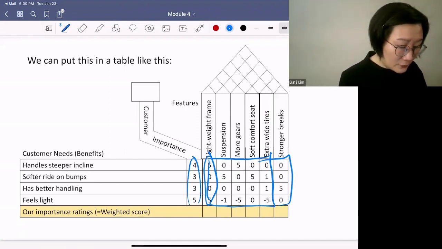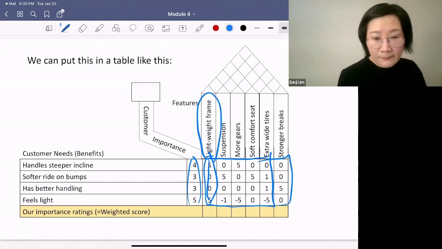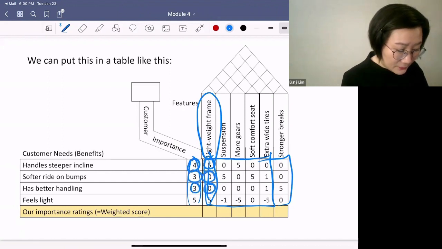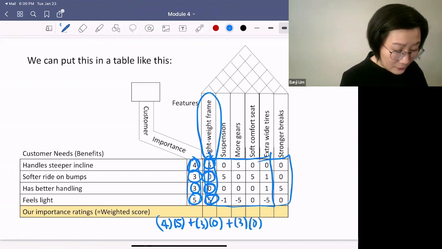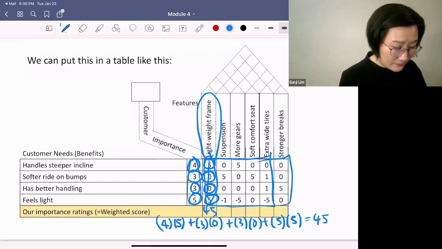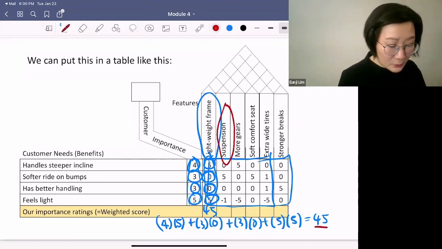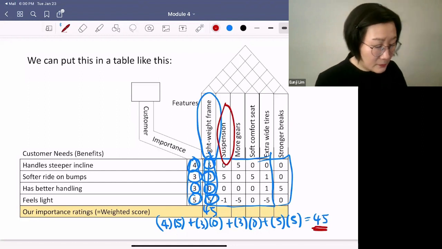For example, for the lightweight frame, we multiply 4 by 5, 3 by 0, 3 by 0, 5 by 5, and add them up, which is 45. That's the importance rating for lightweight frame.